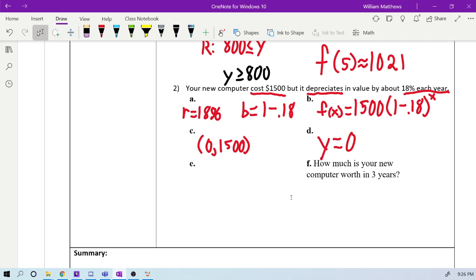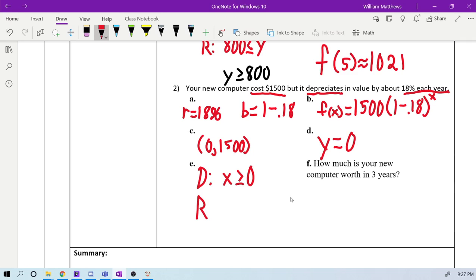The new computer cost him $1,500. Our time frame would be, oops, if I can get the writing. Domain would be x is still greater than or equal to 0, and depending on when the computer fully loses its value, whenever our domain would stop. We don't have that information, so we leave it as such.